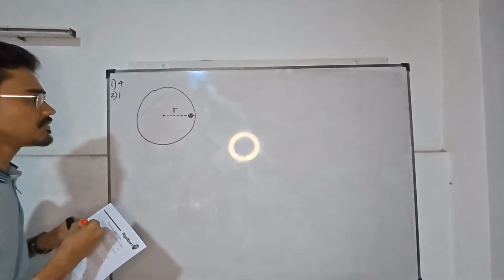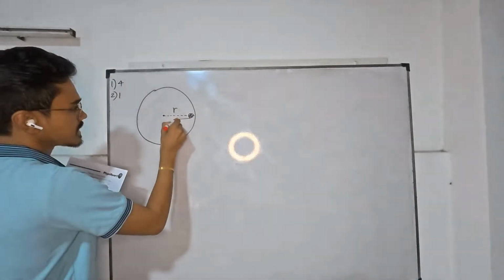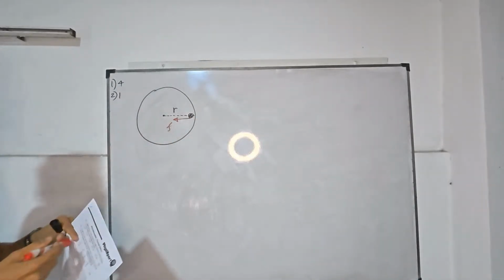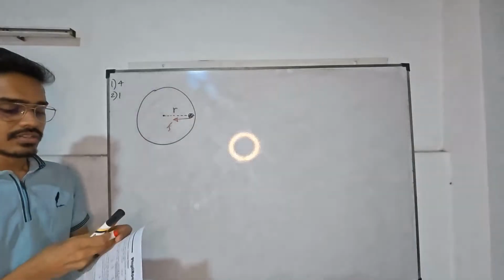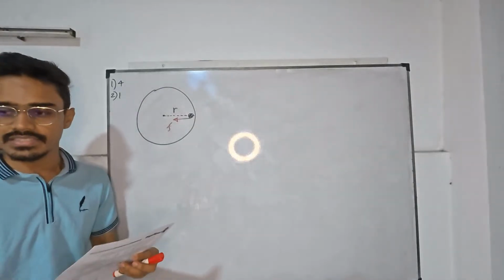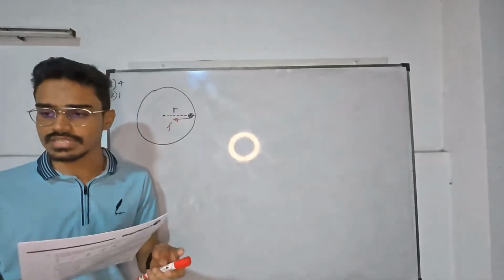If the table is rough, we have friction forces towards the center. So first we can apply F equals ma towards the center, considering this motion, and get the equation.